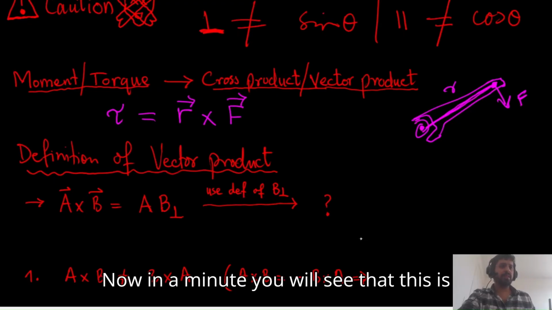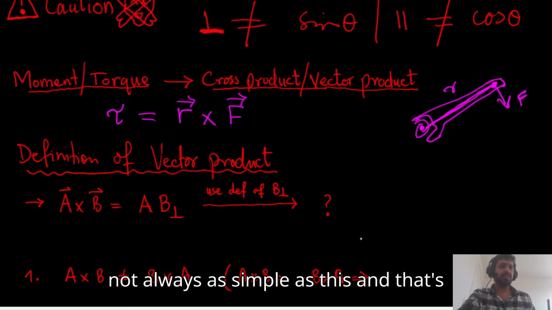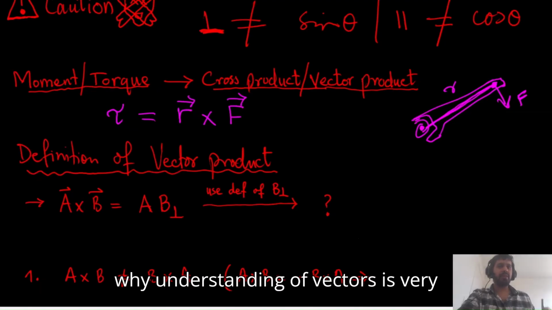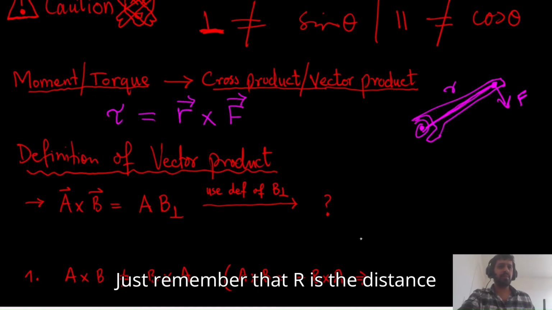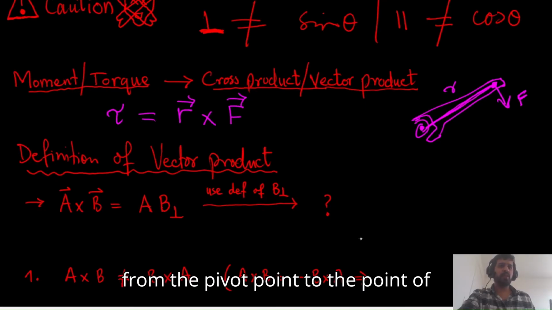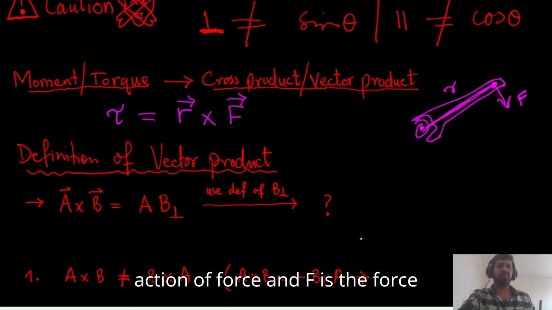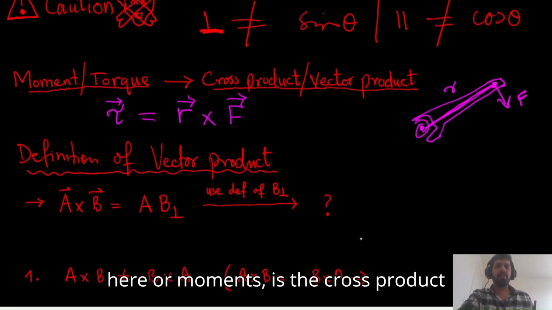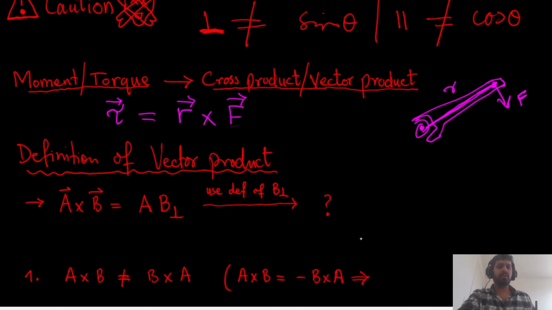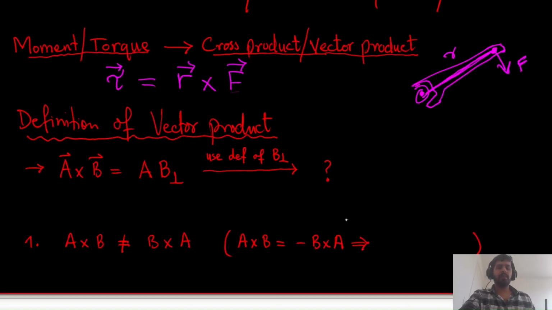Now in a minute you will see that this is not always as simple as this, and that's why understanding of vectors is very important. For now, just the definition of torque. Just remember that r is the distance from the pivot point to the point of action of force, and f is the force itself, and torque, which is this symbol here, or moments, is the cross product of these two vectors. Now what is cross product?